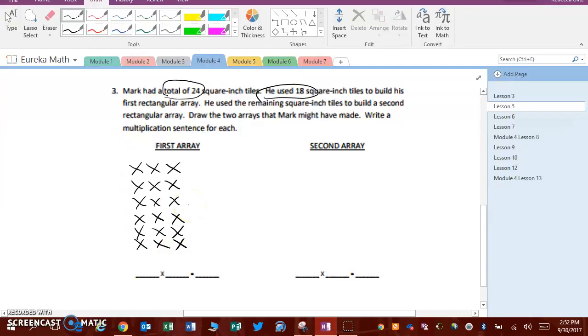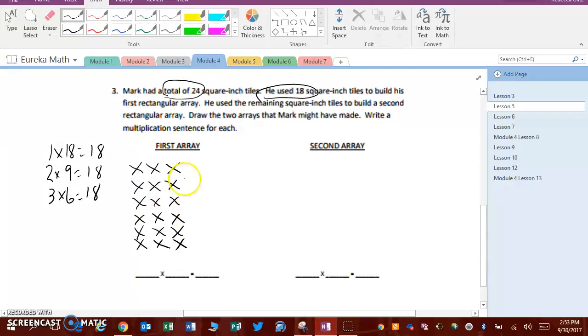So it's kind of trial and error to figure it out. The best way to know is to know your math facts and know what makes 18. I know that 1 times 18 is 18. 2 times 9 is 18. 3 times 6 is 18.